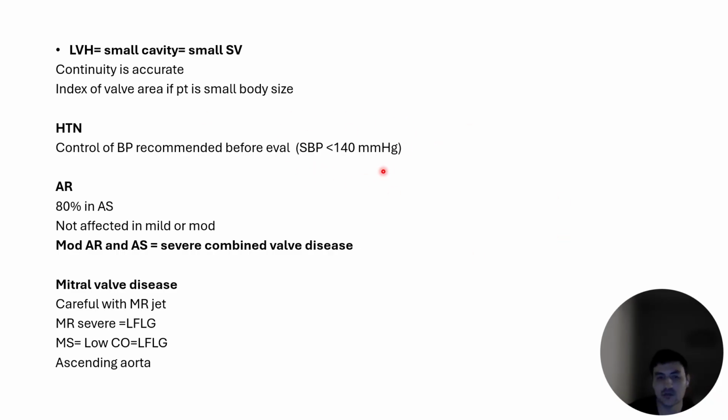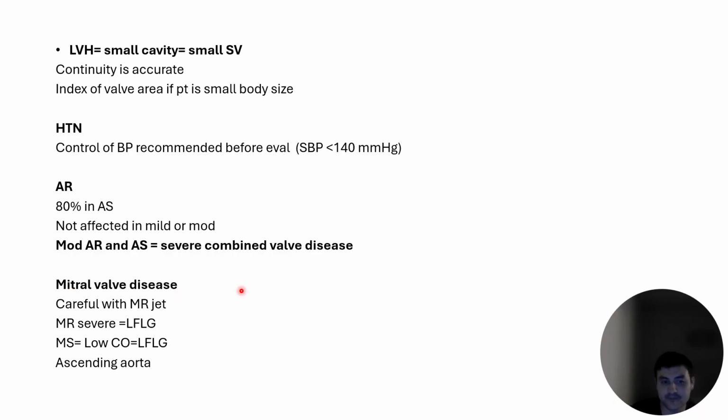Why? Because this could be vastly abnormal. Aortic regurgitation, as we spoke about, can give you a high flow status. If you have moderate aortic stenosis and moderate AR, this is severe combined valve disease, so that may require intervention.